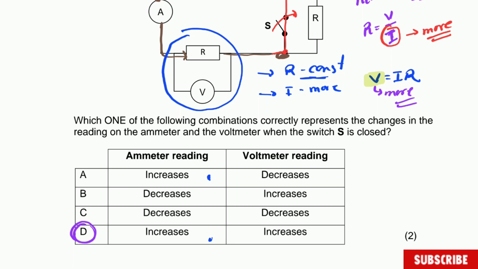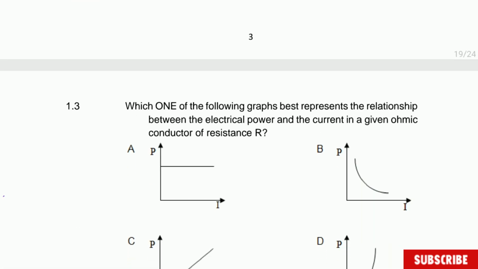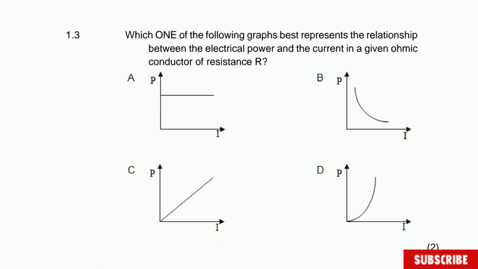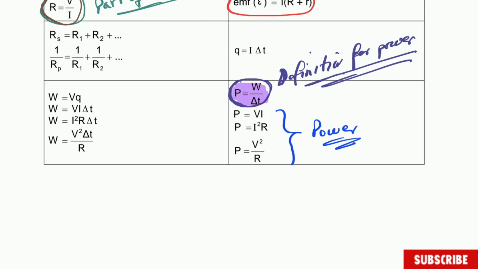Okay, so let's go to the next question. That one was quite simple. Which one of the following graphs best represents the relationship between the electrical power and the current in a given ohmic conductor? If we go to the formulas here, in a given ohmic conductor, the resistance is going to be constant because we're working with one specific conductor, which is ohmic, and they want to know the relationship between power and current.